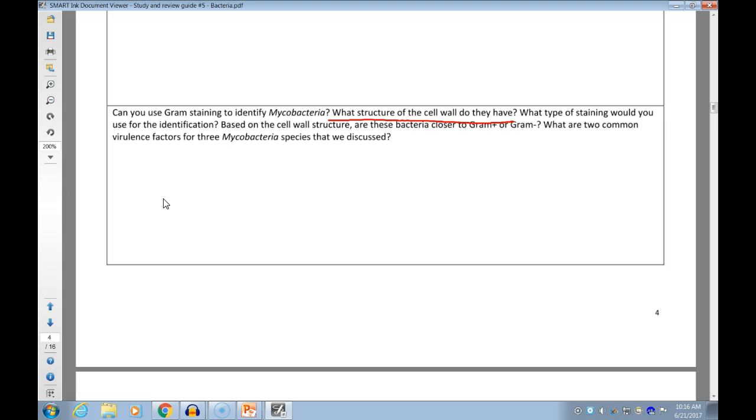So it's a membrane and thick cell wall. On the outside, they still have mycolic acid. That's why they are not stained by Gram stain. You gotta use acid-fast, okay? So structurally, they are closer to gram-positive, okay?